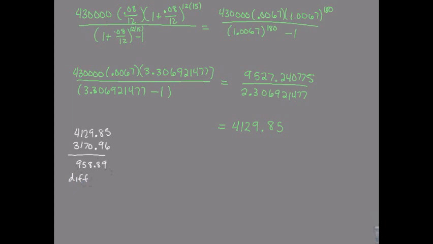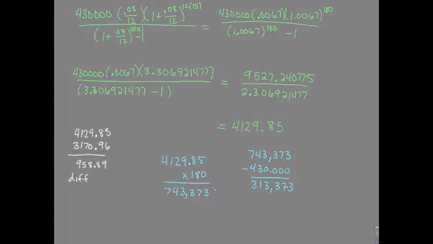Yeah, watch what happens to the interest. That also takes the interest down with it. So if I do 4129.85 times 180 payments, and I take that and subtract my original 430,000, it doesn't seem like a big difference, but it's less than half the amount of interest.